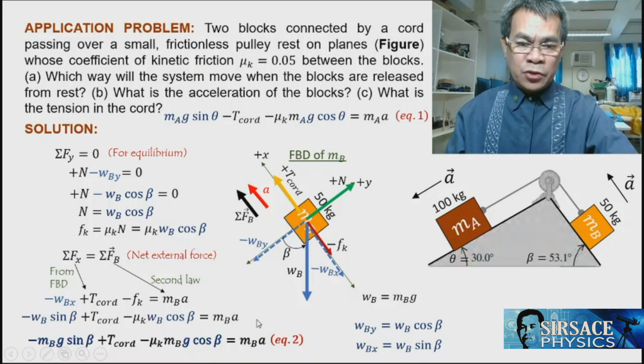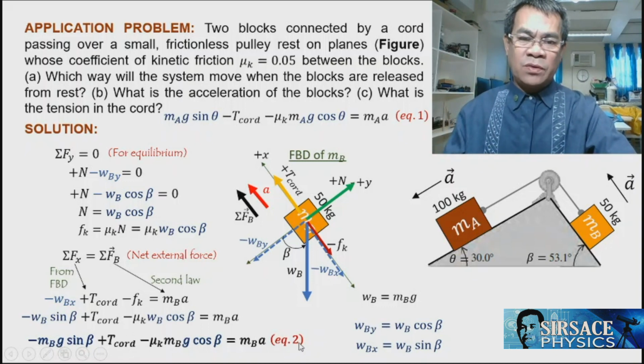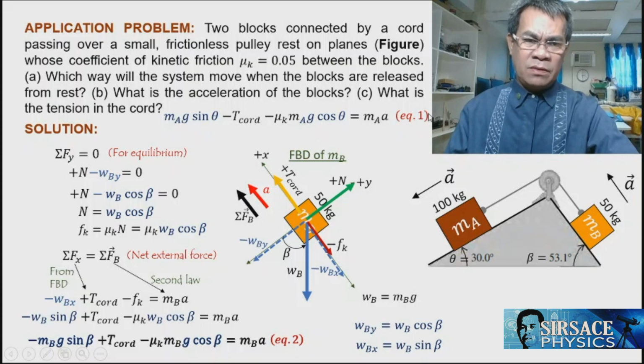Again, we don't know what the acceleration is, and we don't know what the tension is. This is again an equation with two variables. So leave this as equation 2. Nothing to worry about, because we already derived equation 1, and here comes equation 2.